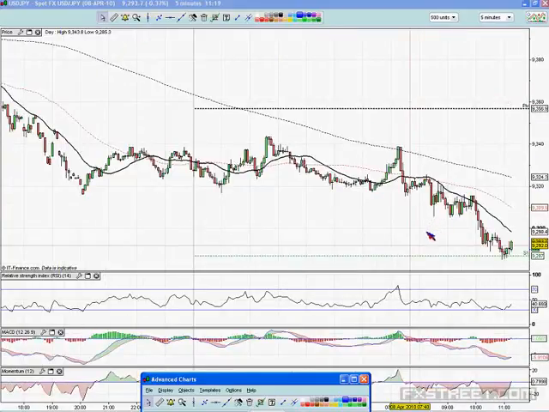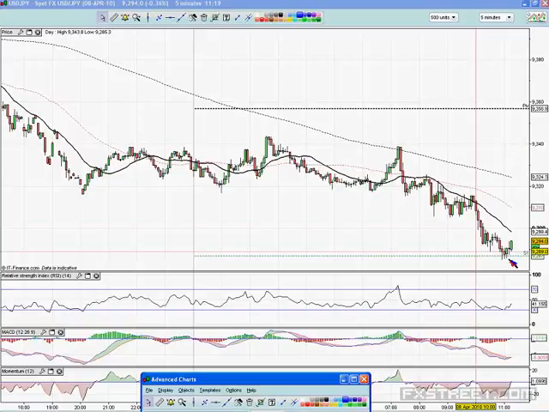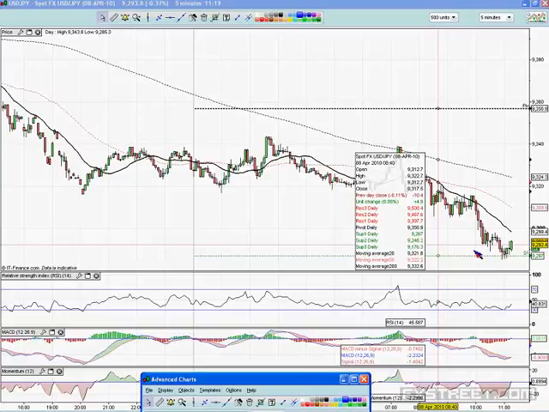I take my 5-minute chart and I look for reaction highs. So these are reaction highs. I look for a break of a reaction high to trigger a buy trade. I then simply place my stop below the last reaction low, and I'm in that trade, and hopefully I'm in that trend.